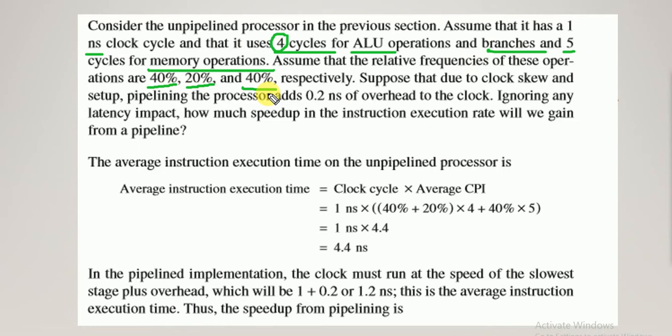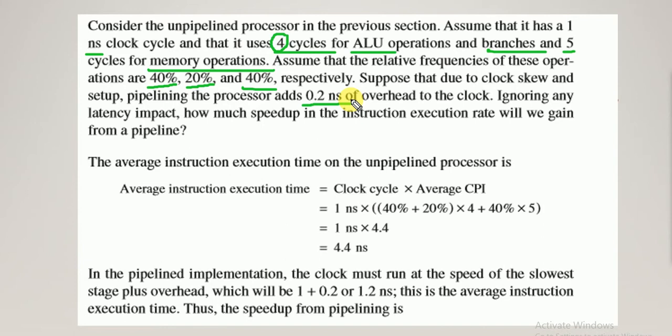So we are considering one entire system where 40% of the operations are from ALU, 20% from branches, and 40% from memory operations. Suppose that due to clock skew, some clock variation, time variation, and setup, pipelining the processor adds 0.2 nanosecond of overhead to the clock. So that is the imbalance.